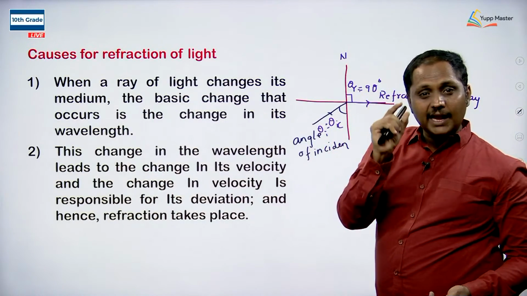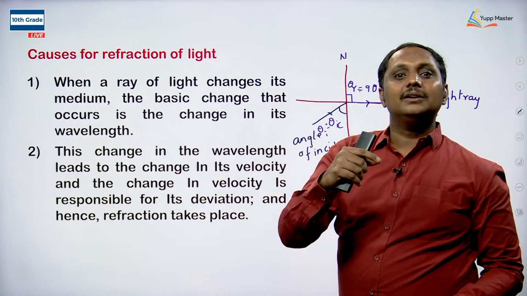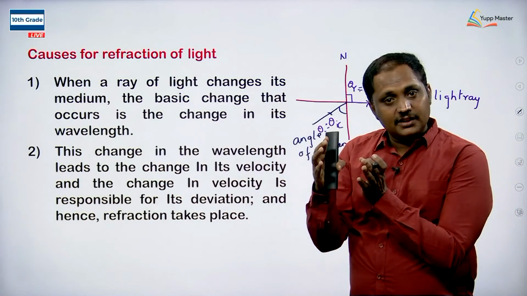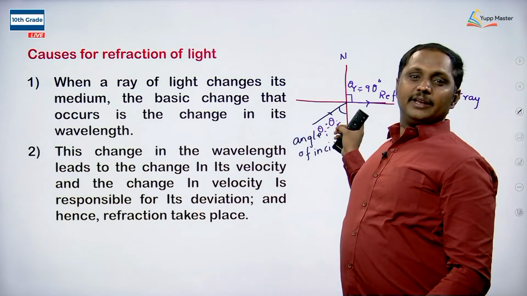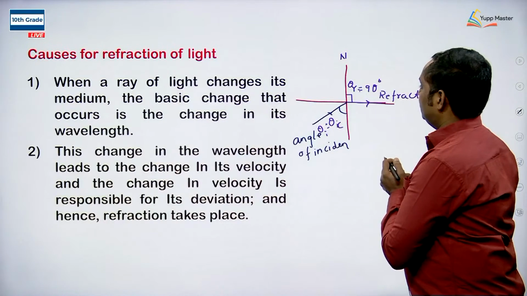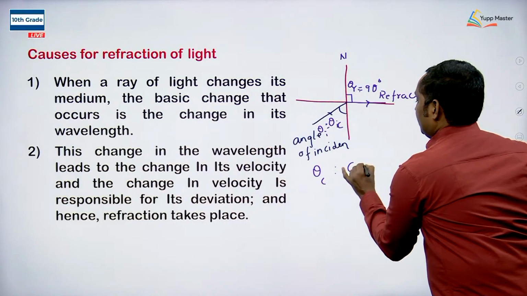That is called the critical angle. It is the angle of incidence at which the angle of refraction becomes 90. Theta C is the critical angle.